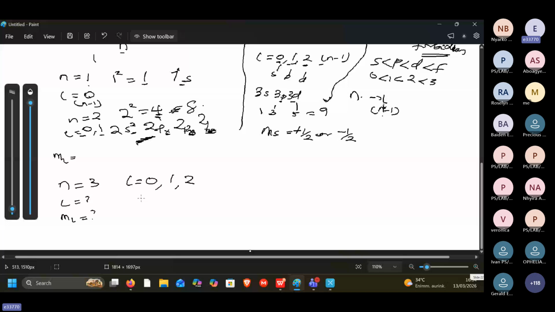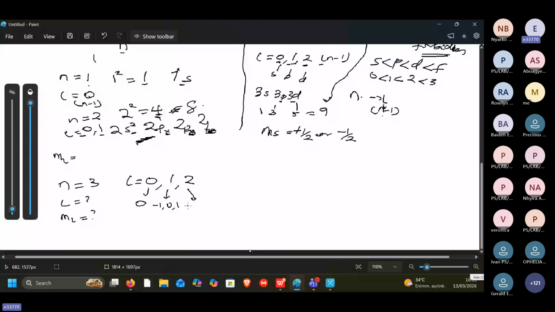If I take L equal to 1, the ML should be -1, 0, and positive 1. Now, if I take L equal to 2, the allowed values should be -2, -1, 0, 1, and 2. So different orientations.